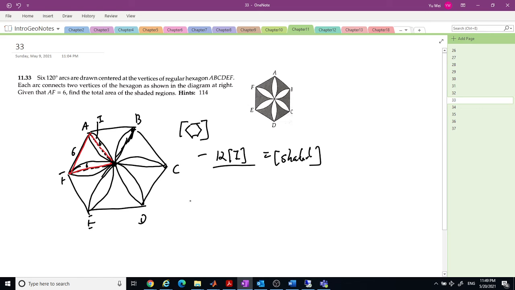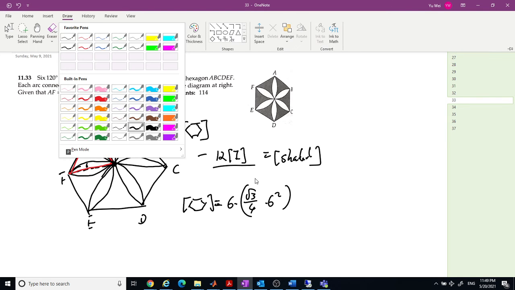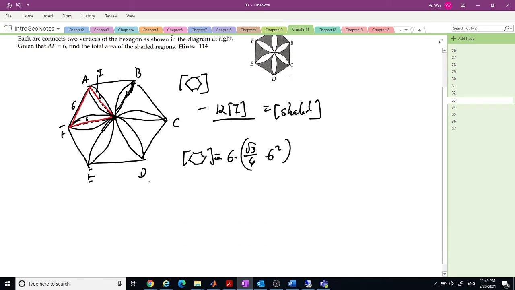We can calculate piece by piece, right? So the regular hexagon is easy. It's 6 times root 3 over 4 times 6 squared, so this is 6 equilateral triangles. And one piece of the 1 is also easy, right? It's 1/6 of the sector minus the equilateral triangle. So 1/6 of the sector is pi times 6 squared over 6 minus root 3 over 4 times 6 squared.